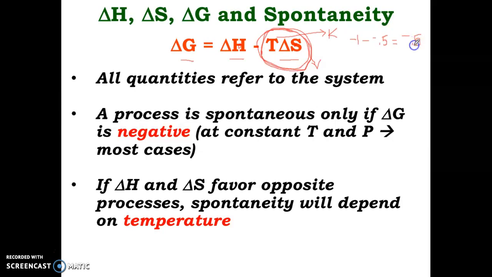See how a negative minus a smaller negative is still negative. What controls whether this reaction occurs is the temperature. But in this case, instead of the temperature being high, like it was with a positive delta H and a positive delta S, we want the temperature to be very low. If the temperature is low in this case, the reaction is spontaneous.